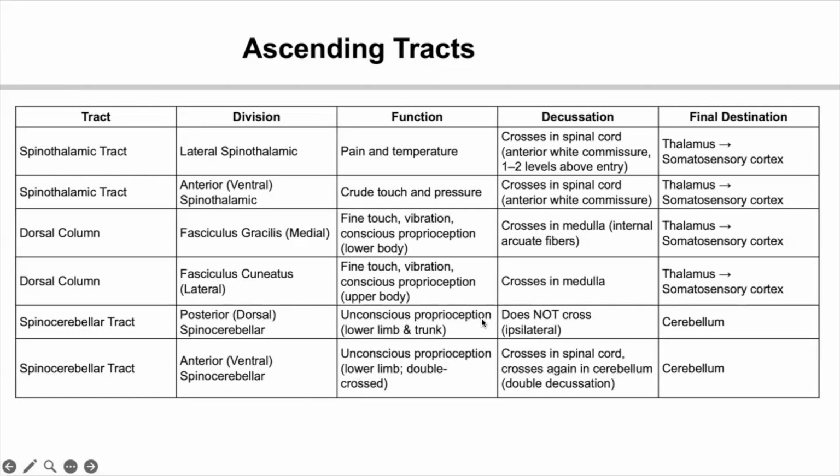What is the difference between conscious and unconscious proprioception? For example, conscious proprioception goes through the dorsal column and unconscious proprioception goes through the spinocerebellar tract. Conscious proprioception is when you actually know your body position, for example, whether you're standing or sitting.